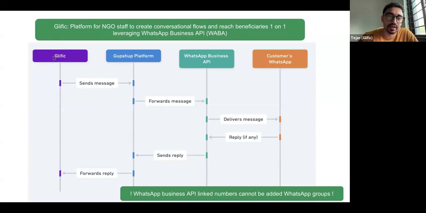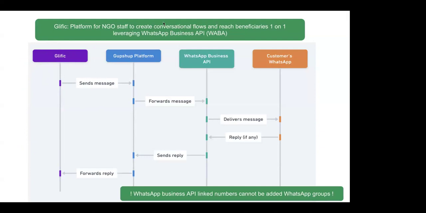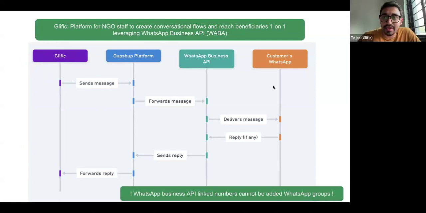They can create flows using the Glyphic instance. Any message they send or receive through any flows that they create reaches the end beneficiary in a direct message from the organization through Gupshup platform, through WhatsApp Business API, and any response they get is also routed in the same way. So this is the present context that we were operating in all this while.